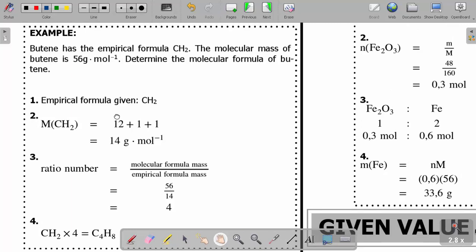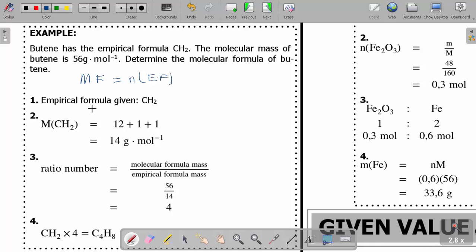However, there is a method which is simpler than this. We could also have said it like this. Pay attention, please. I can say that the molecular formula equals n multiplied by the empirical formula.